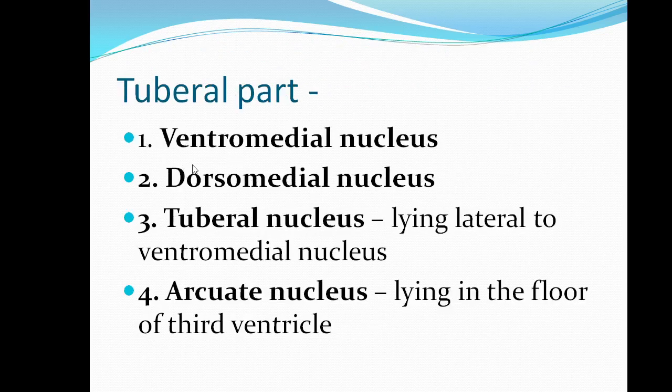Tuberal part, it includes four nuclei: the ventromedial nucleus, the dorsomedial nucleus, the tuberal nucleus lying lateral to the ventromedial nucleus, and the arcuate nucleus lying in the floor of the third ventricle.